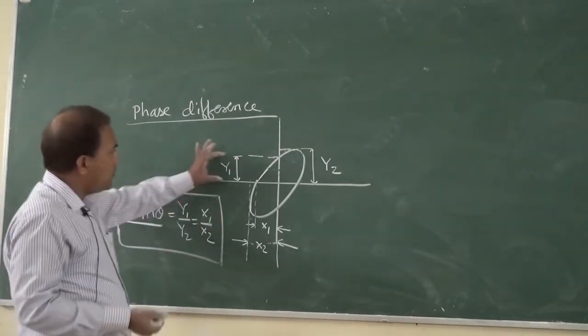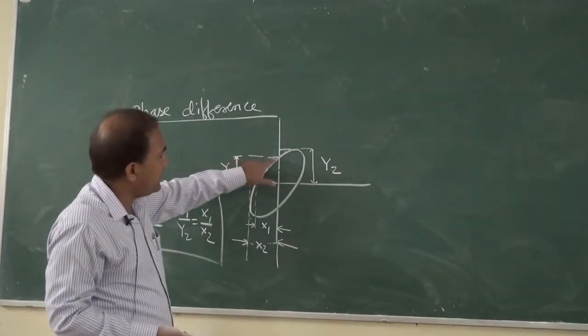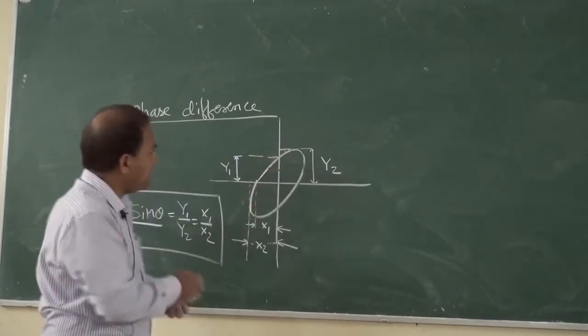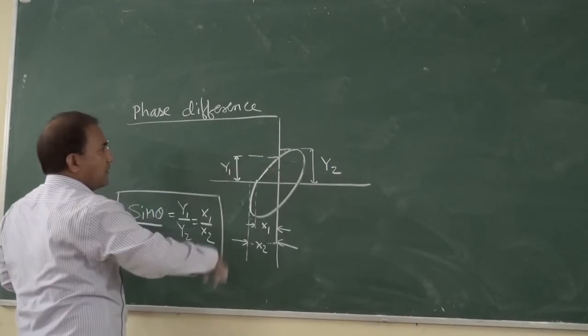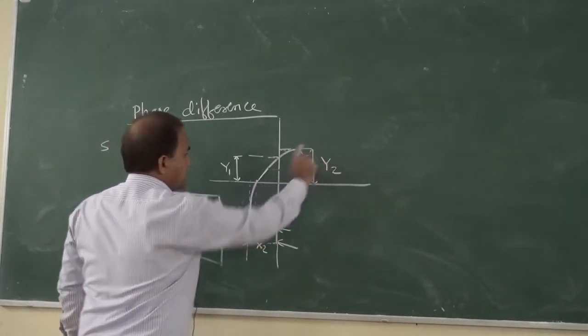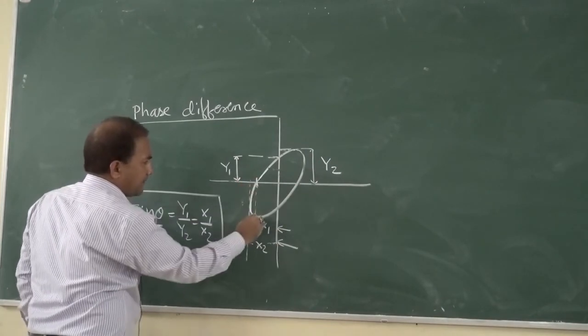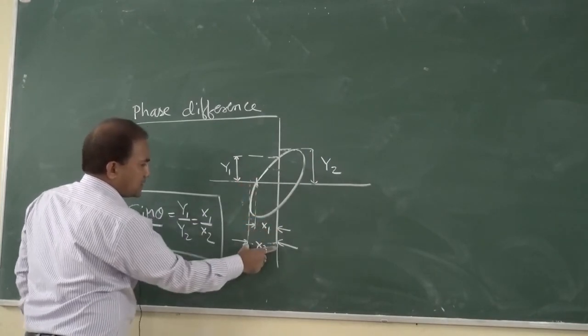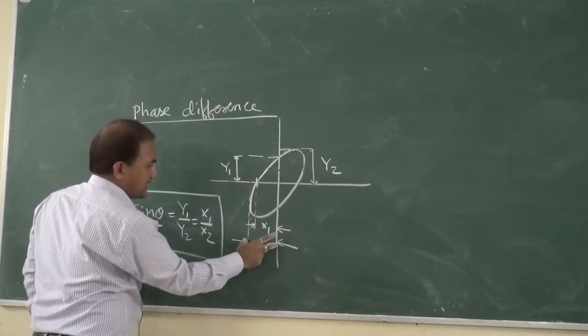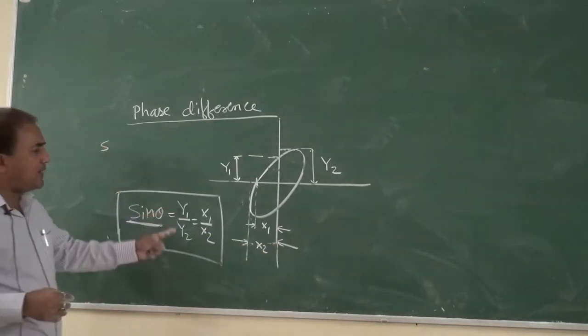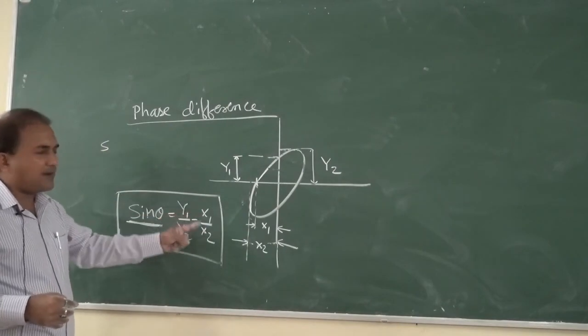What is y1? Y1 is the y-intercept of this Lissajous pattern, this distance. What is y2? This is y2. Similarly, x1 is this intercept, and x2 is the maximum distance. So sin theta is equal to y1 by y2, which is equal to x1 by x2.